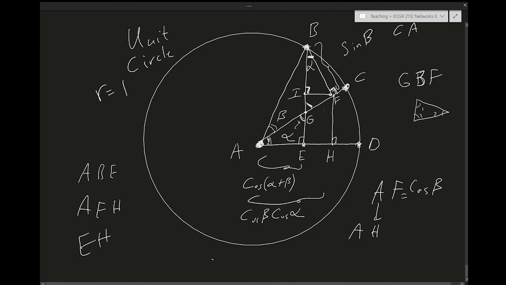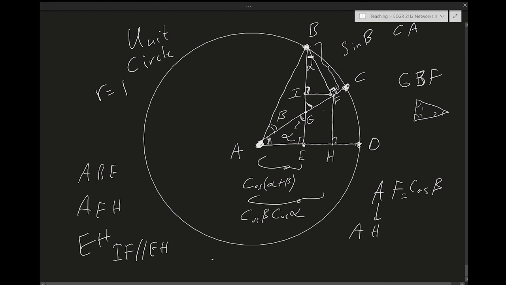Now this line IF is parallel to EH. So if I know the length of IF, I know the length of EH. IF is easy. IF is just the sine projection from alpha.